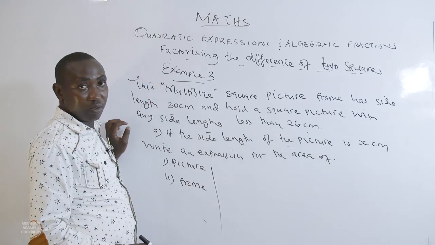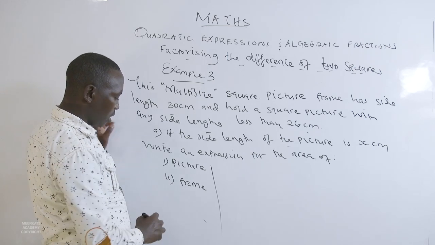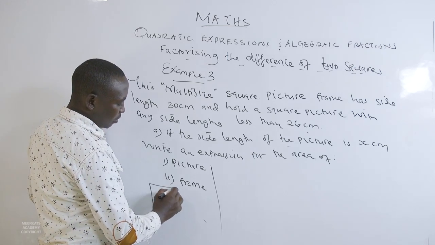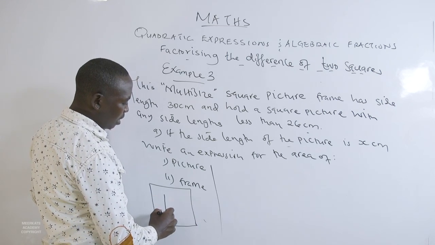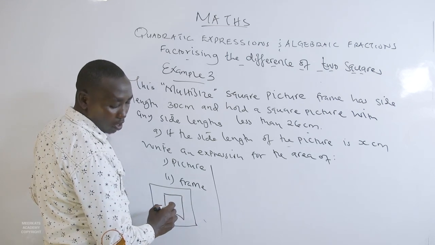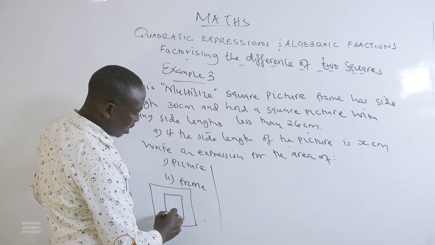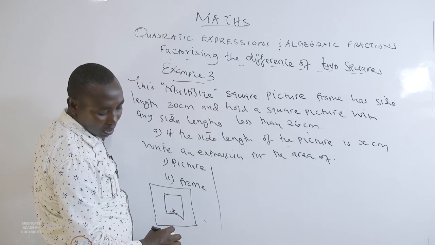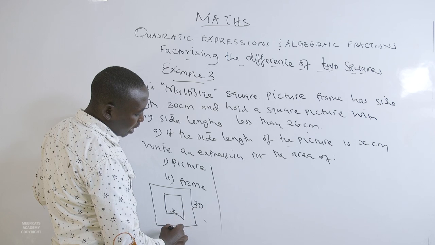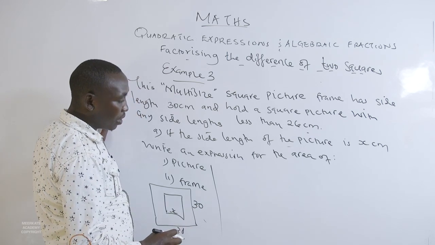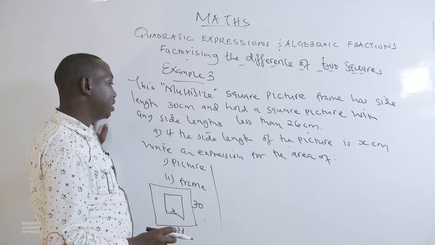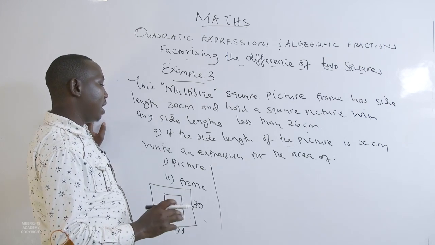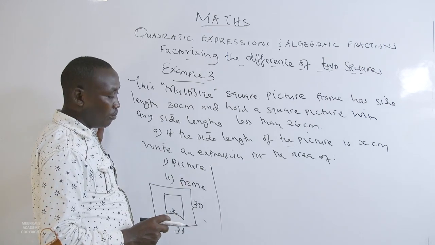So let us first begin by solving these two. We are told that there is a multi-size picture frame that can hold a picture of side x centimeters, but the square is measuring 30 by 30. So we want to express the area of the picture.